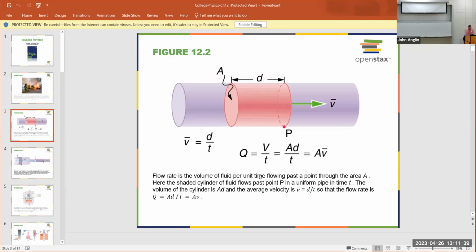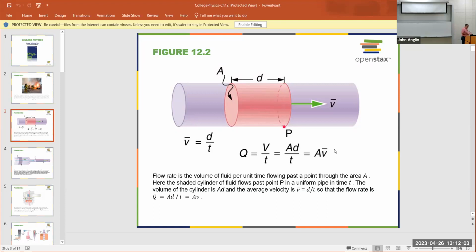And we find that the flow rate of some fluid is equal to the cross-sectional area that the fluid passes through times the velocity it passes through. So this explains the pressure washer problem, right?